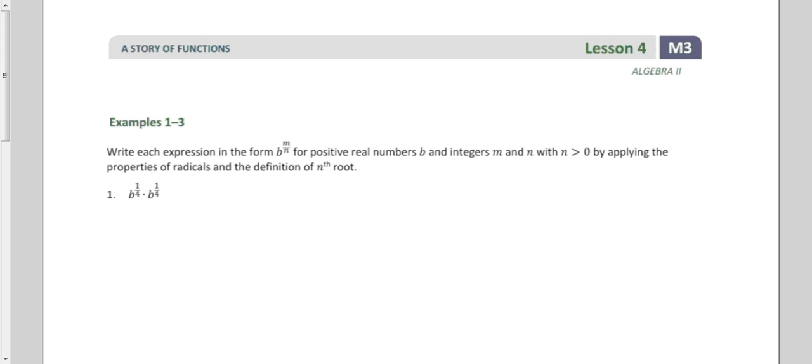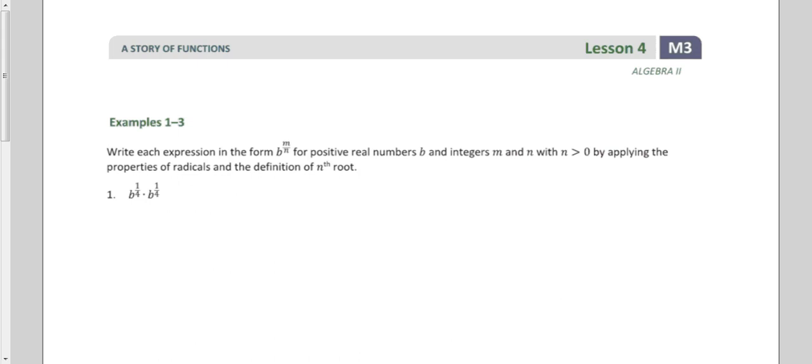Next page. It says, write each expression in the form of b to the m over n power for positive real numbers b and integers m and n with n greater than 0, by applying the properties of radicals and the definition of the nth root.